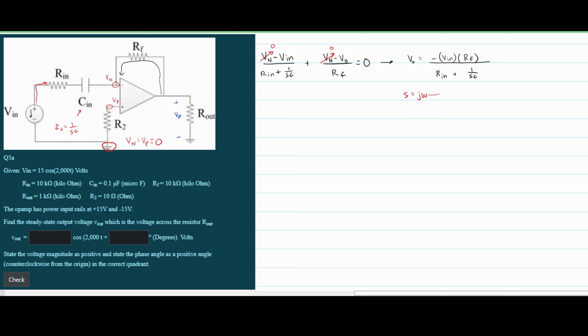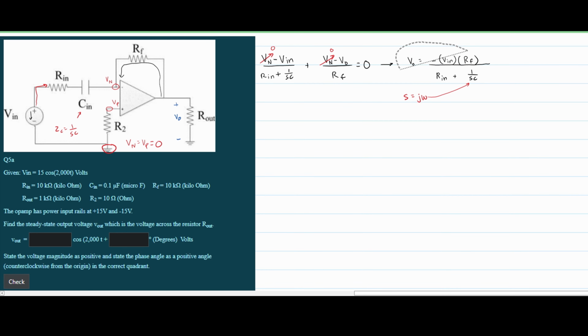So we can rewrite all of this and just substitute J omega for our S. And now we can plug all of this into a calculator. Well, what is our omega? Since it's steady state, we can use the same omega that's given right here. Knowing all of this information, we've been given everything else, so we can plug into a calculator.